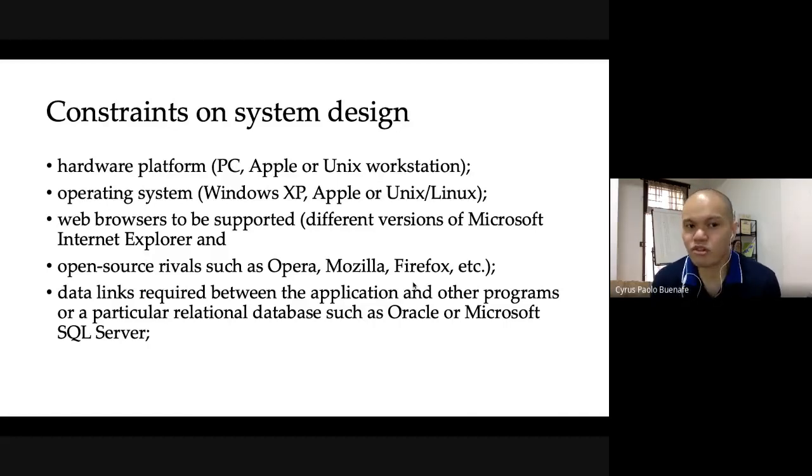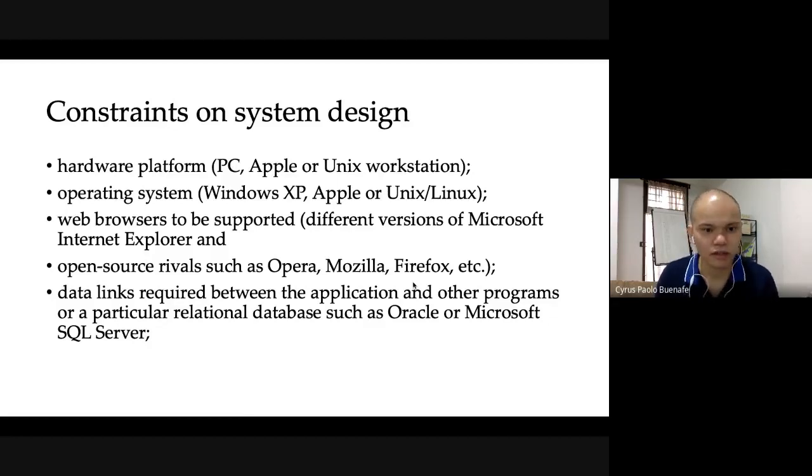So what are examples of constraints? The saying goes, the cards are dealt. Well, hardware, that's a constraint. And when we talk about hardware or operating system, it's not only based on the availability, but it's also based on whether the users are familiar with the hardware or the operating system that they have to use.